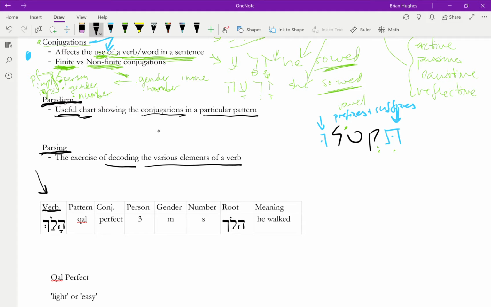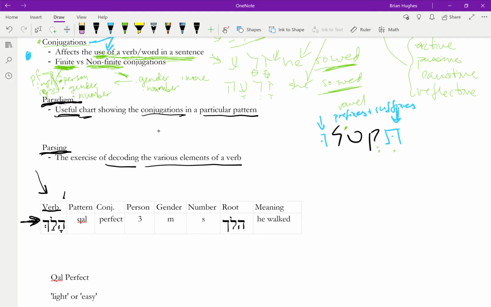On quizzes and tests and worksheets, I will supply you most often with the verb. Sometimes as we get later in the course, I'll have a Hebrew sentence here and it'll be your job to figure out what are the verbs I need to put in here. But that's for later. Don't worry about that now.